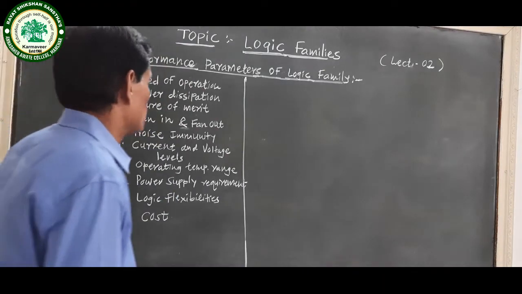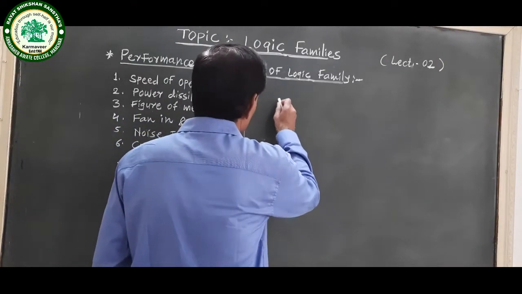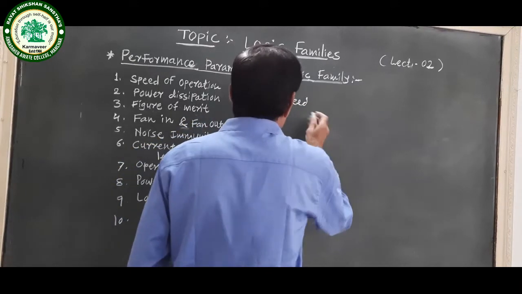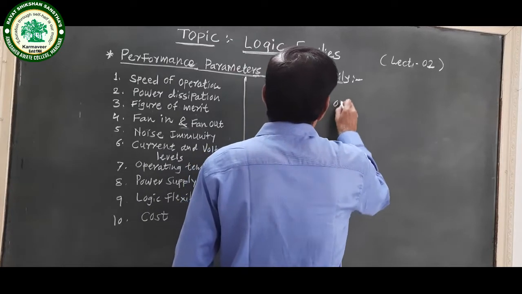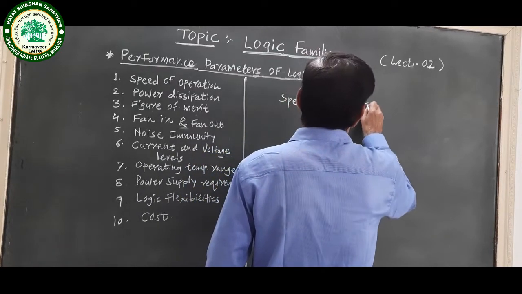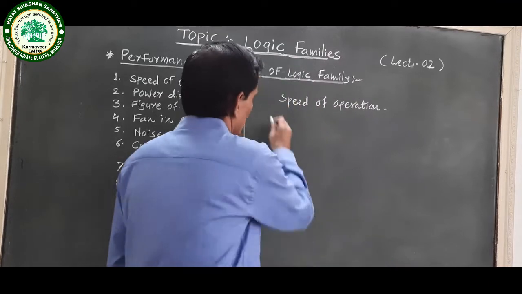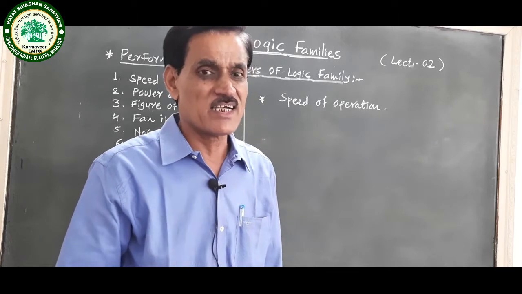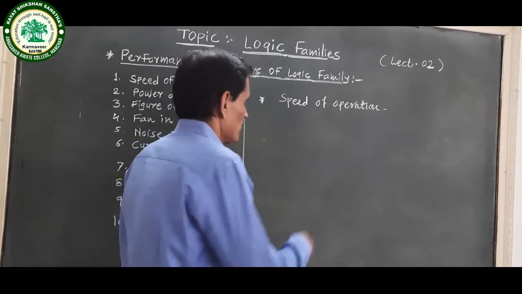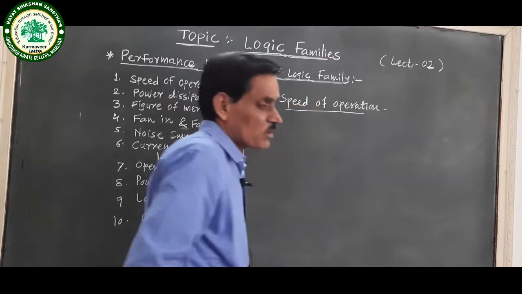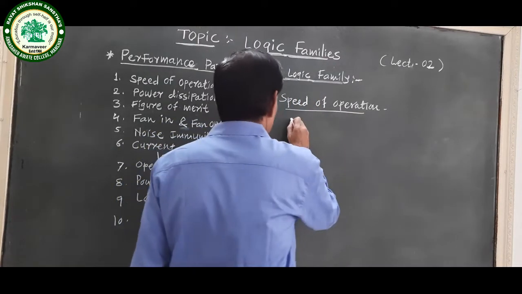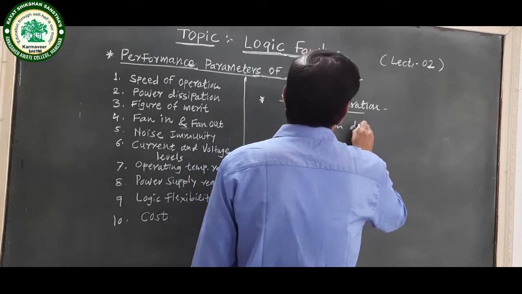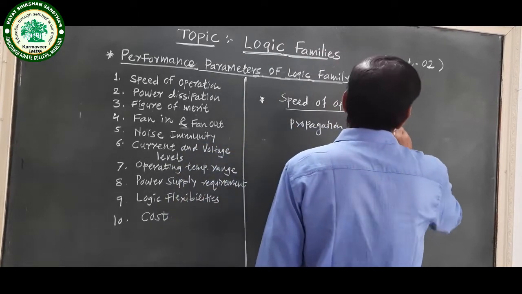From that point of view, the first parameter I will take into account is known as speed of operation. The speed of any IC or logic family is defined in terms of propagation delay, shortly abbreviated as TPD.